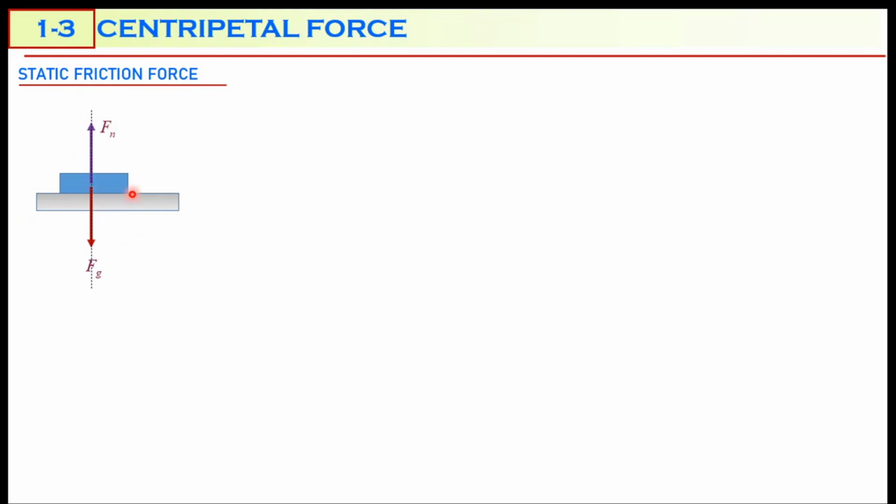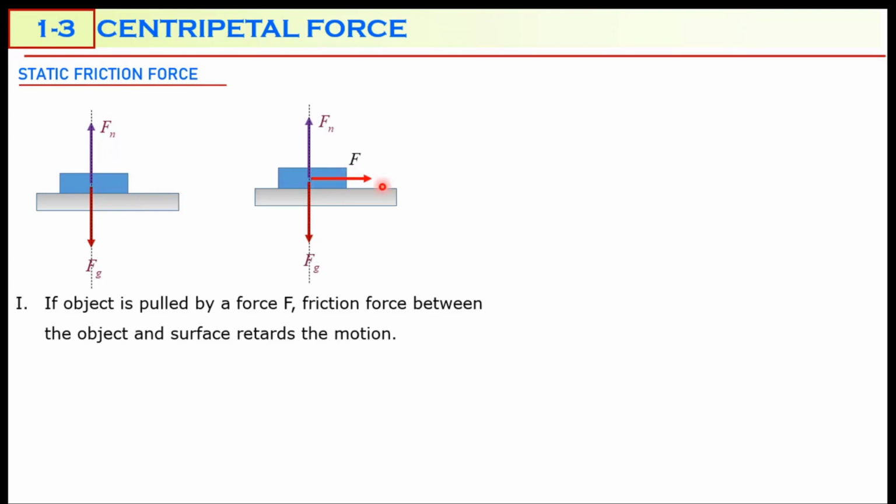And if we try to pull this object to the right, so you hold the object from this point and you start pulling it to the right. But you observe that even though you are pulling it, like a table at home, it's not moving.